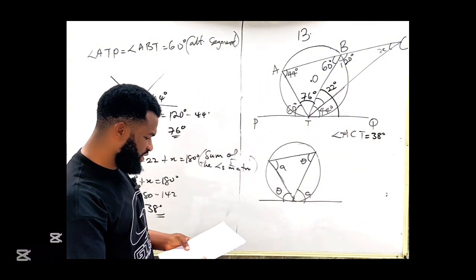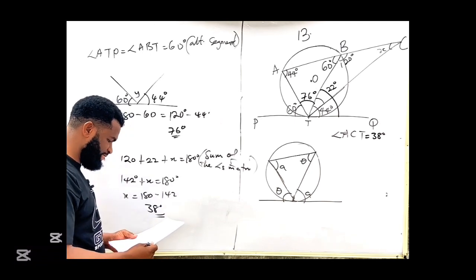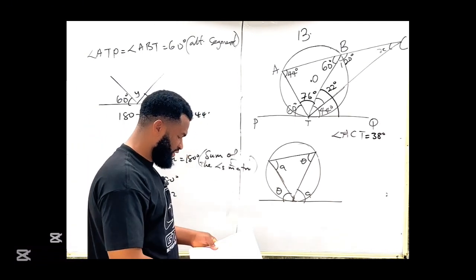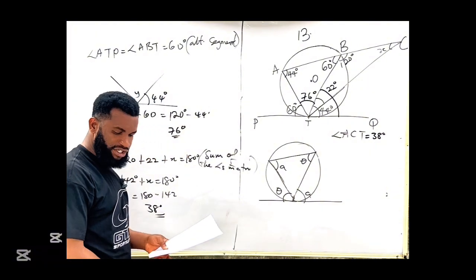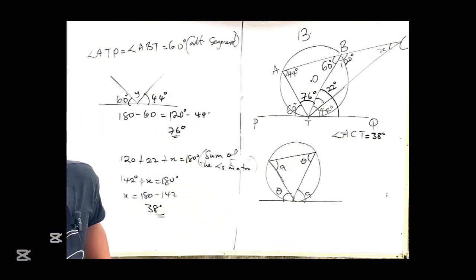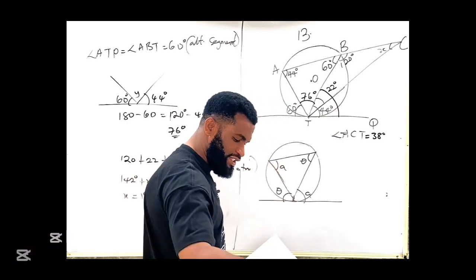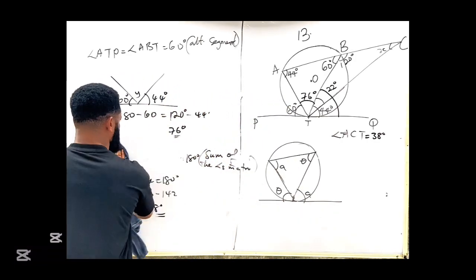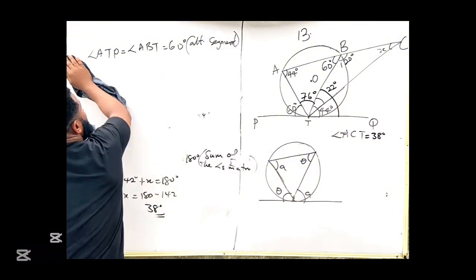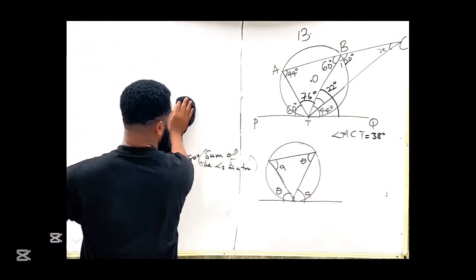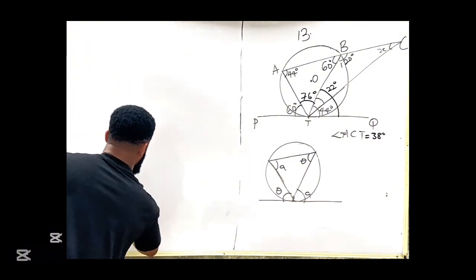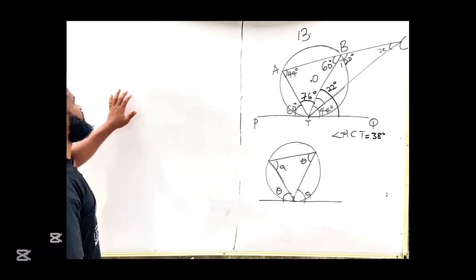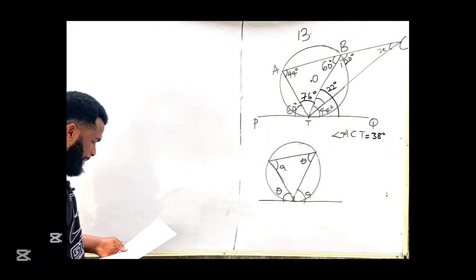All right, I think that is the only thing we have to solve in that part. There is another question. It says that the circumference of the circle is 11.